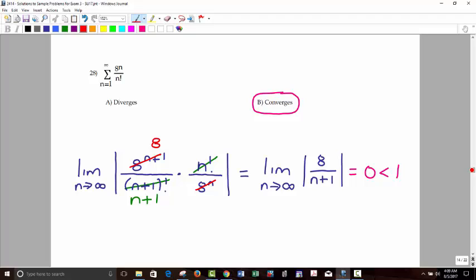Here's a helpful hint for you. The ratio test and the limit comparison test are not compatible. They don't work at the same time. I believe one of your quizzes does this, and the test will too: questions where you have to say which of the following work.